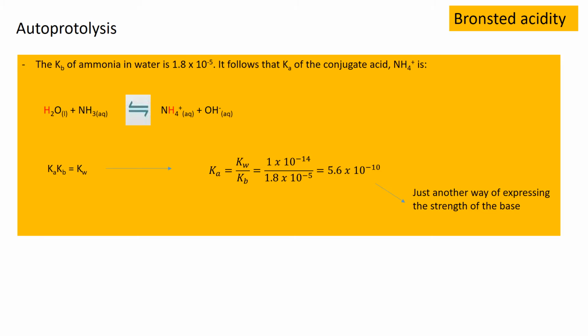And by rearrangement of that equation and knowledge of the basicity constant of ammonia, it's possible to calculate the acidity constant of the conjugate acid of ammonia, which is NH4+. Now, this is essentially just another fancy way of expressing the strength of the base.